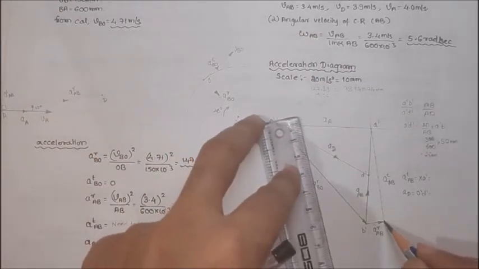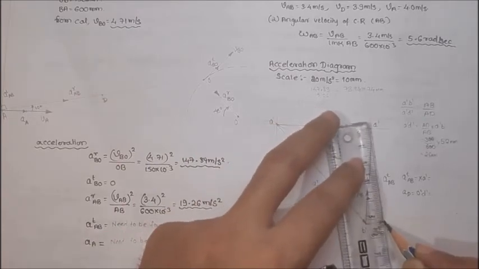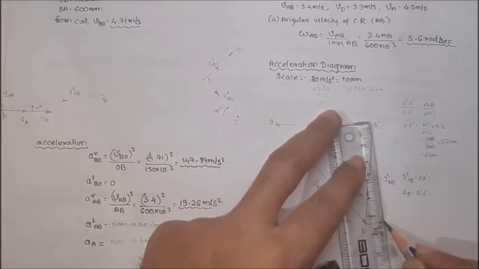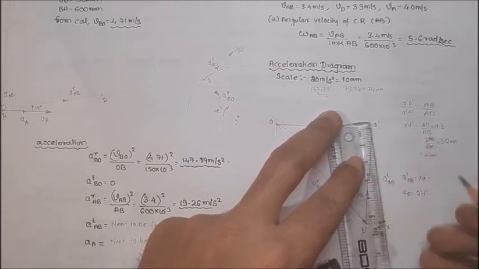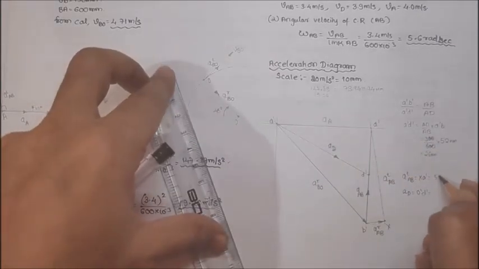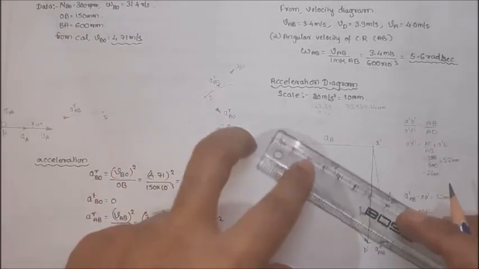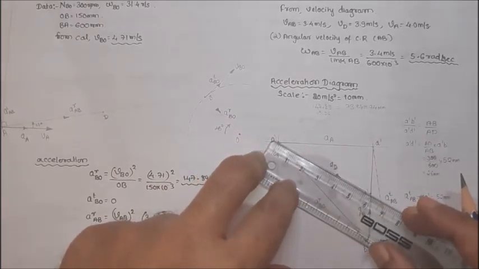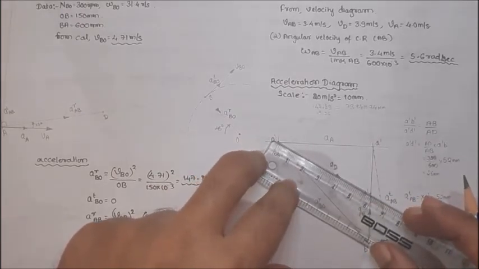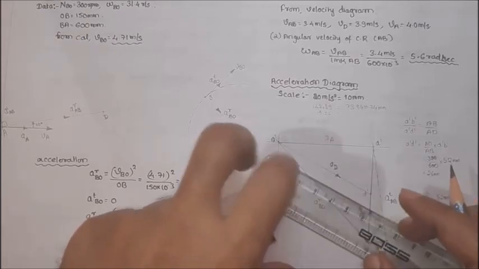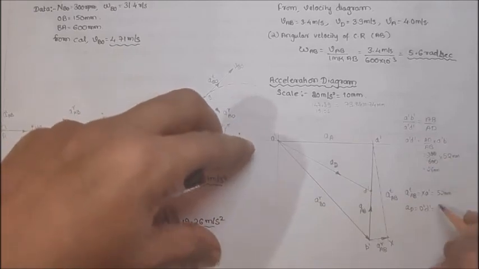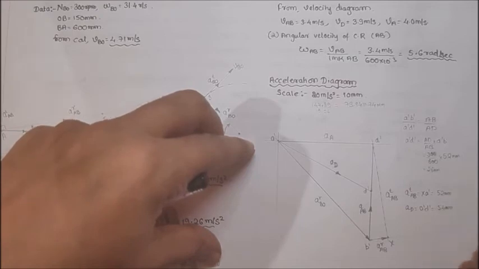To the measured scale we have to find. So from X to A dash, when we measure, it is 52 mm. Sorry. And from O dash to D dash, when we measure, it is 54 mm. So we got this.